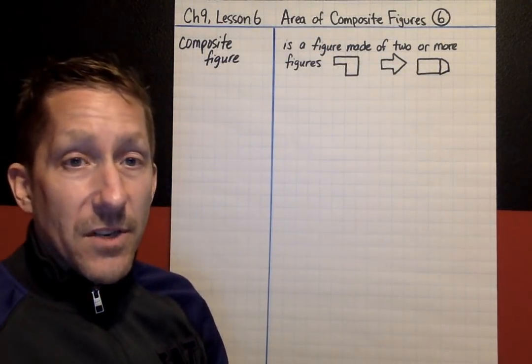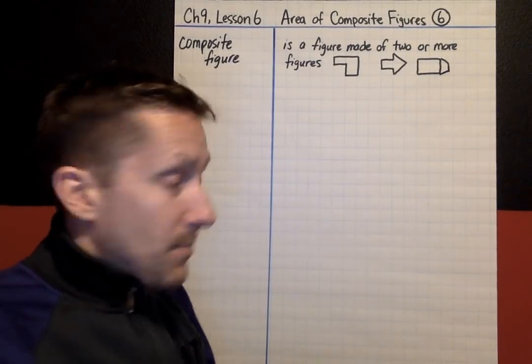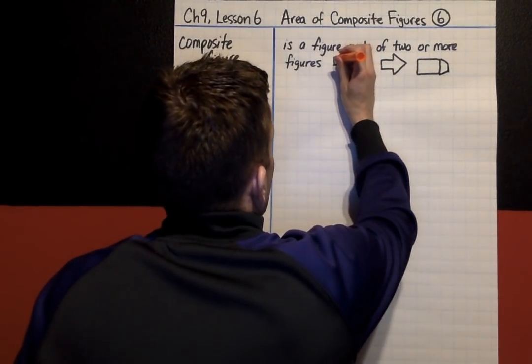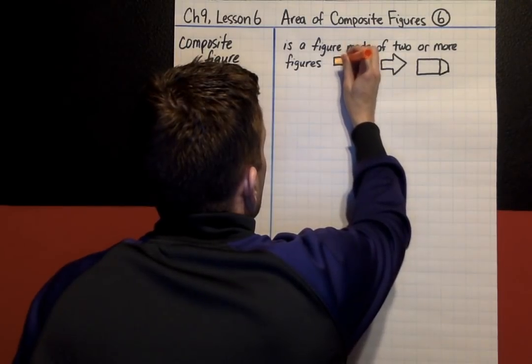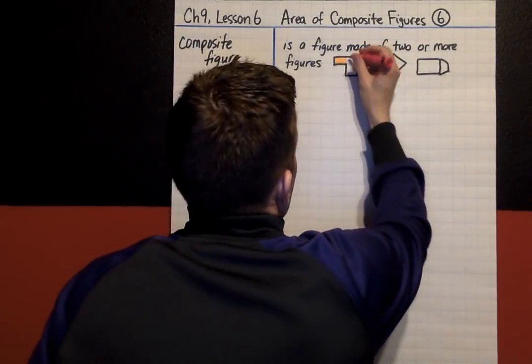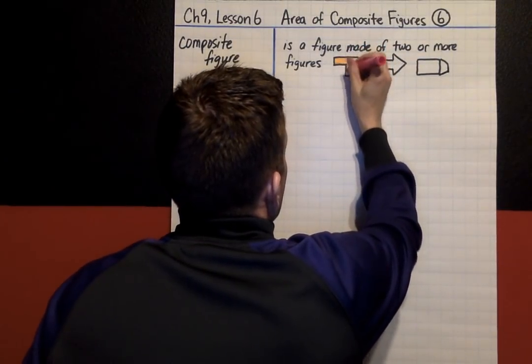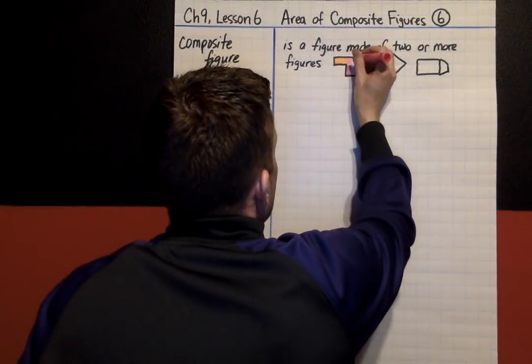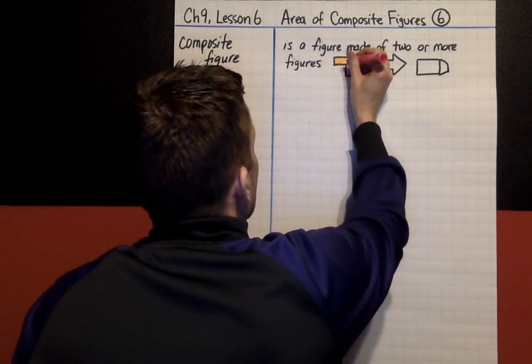So sometimes there are different ways to divide up the composite figure. But I'm going to divide this composite figure into two rectangles like that.